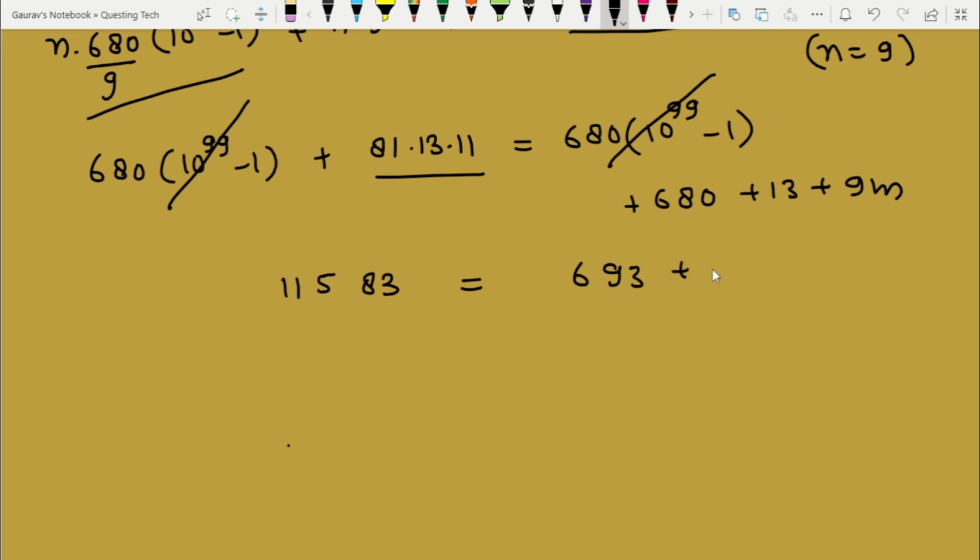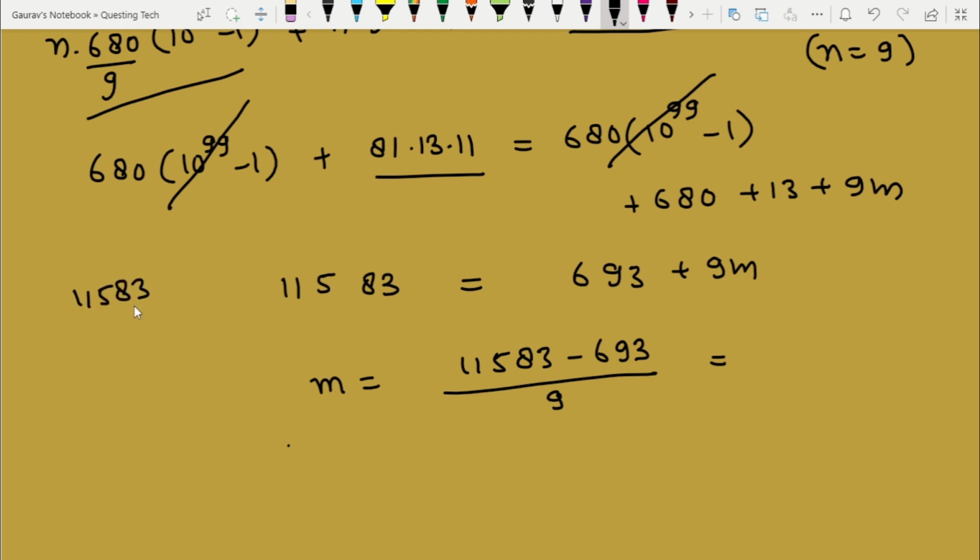693 plus 9m. So m is equal to 11583 minus 693, divided by 9. So this is going to be 10890 divided by 9.